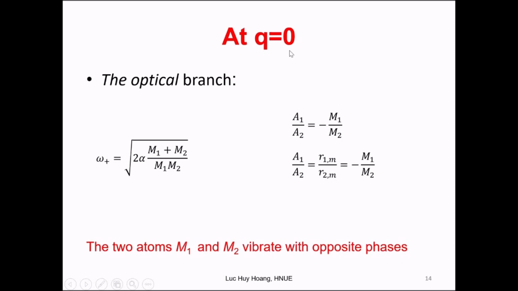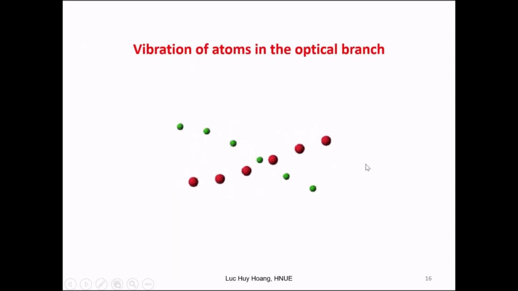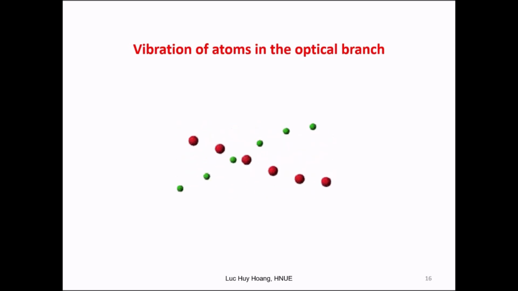And at this Q equals 0, we can calculate that A1 over A2 is minus M1 over M2. So this means that the two atoms M1 and M2 vibrate with opposite phase. You see, it's in the figure here. This is the atoms in the optical branch in opposite phase.